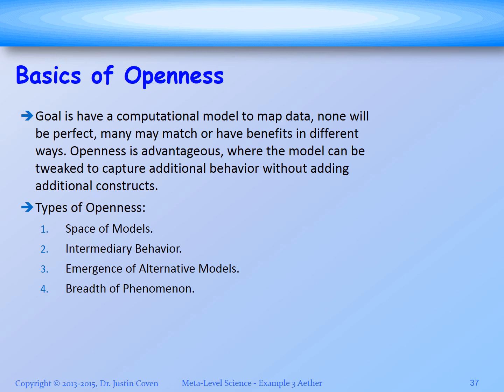Openness is advantageous where the model can be tweaked to capture additional behavior without adding additional constructs. There are many different and very varied types of openness. The space of the models, intermediary behavior, the emergence of alternative models, and the breadth of phenomenon. Each of these will be visited in turn.